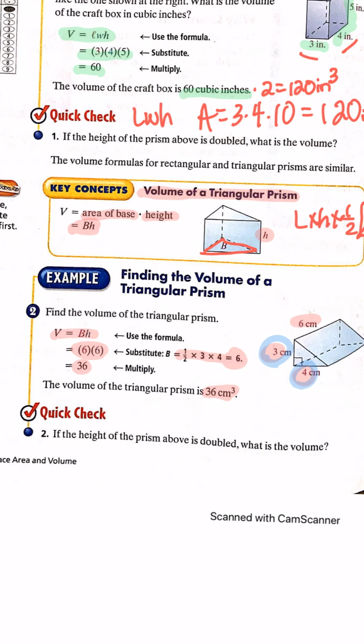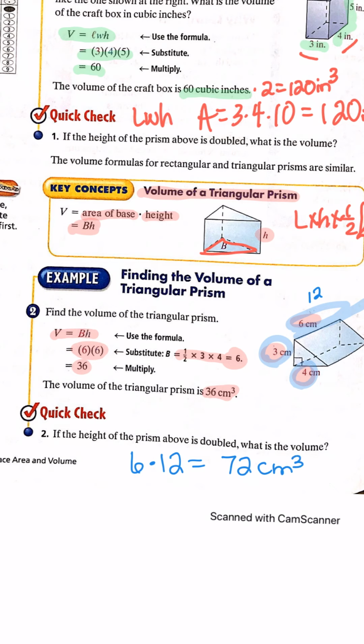So we have 6 times, and now what it told us is the height, which this is what we're using as the height, is doubled. So that means it's twice as long. So 6 plus 6 is 12. So that's going to equal 12 there. 6 times 12 is going to equal 72 centimeters cubed.